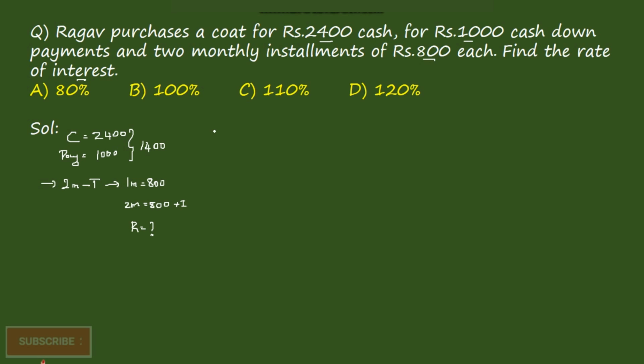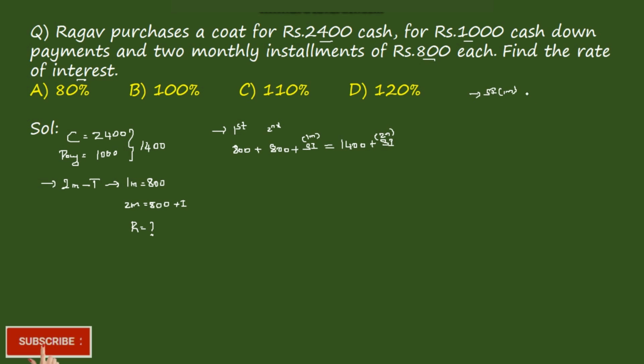The first month he will be paying 800 rupees, plus the second month he will be paying 800 plus simple interest of 1 month, which is also equal to 1400 plus simple interest of 2 months. So just solve it and get the value of R. First we define the simple interest for 1 month.